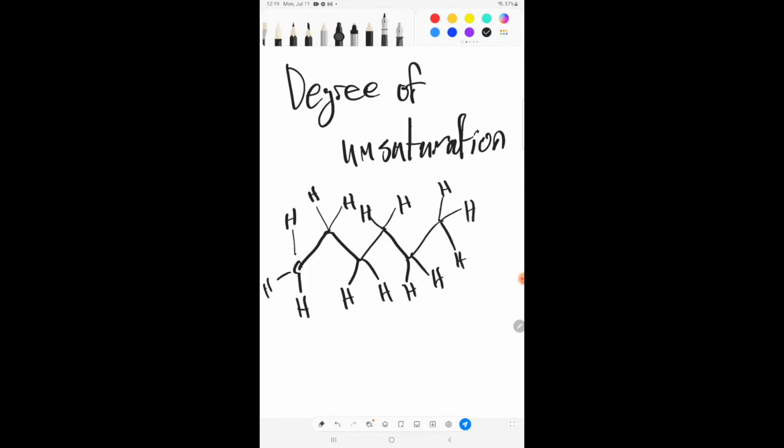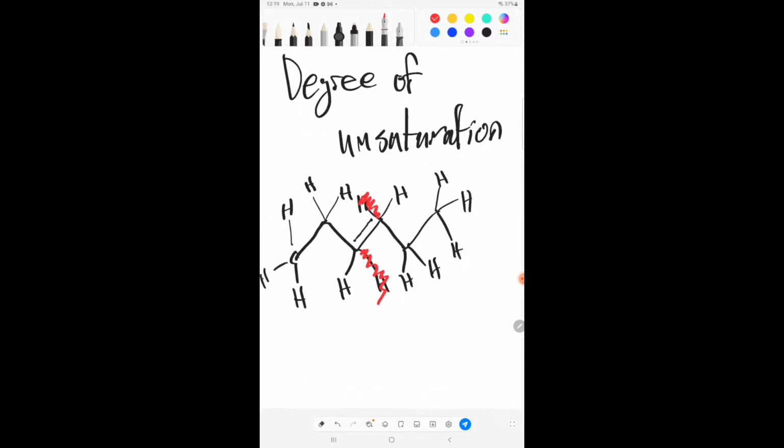Now, unsaturation would entail a double bond, a pi bond. And by introducing this pi bond, we have to get rid of this CH bond and this CH bond to sustain the octet rule for carbon.